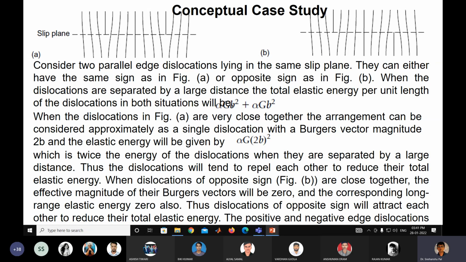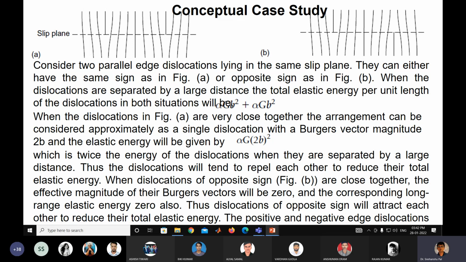So there are case A and case B. In case A, both dislocations have the same direction, with the extra half plane or extra line of atoms on the same half, the same side of the slip plane.